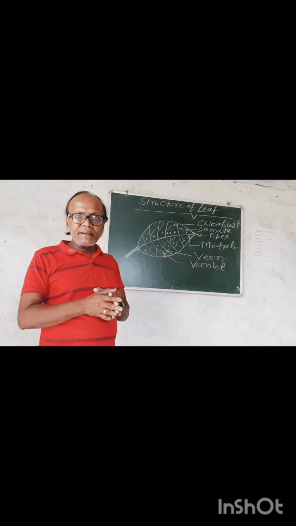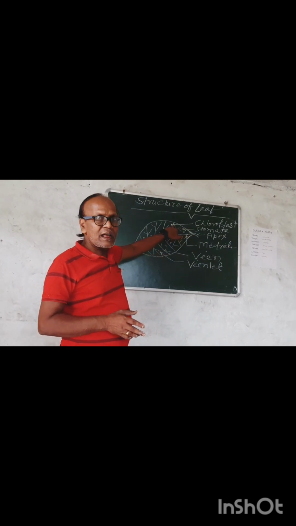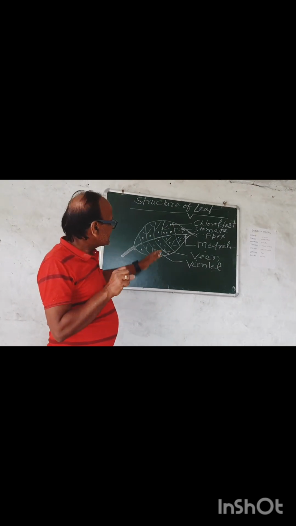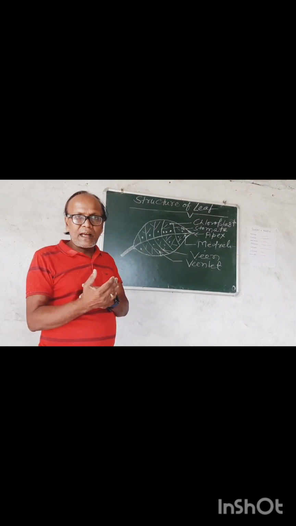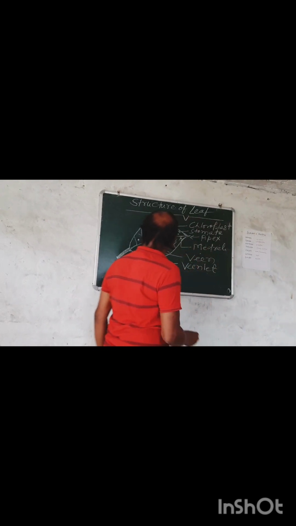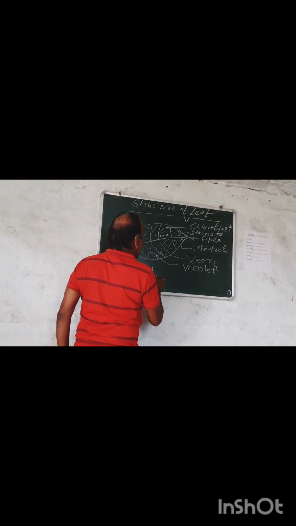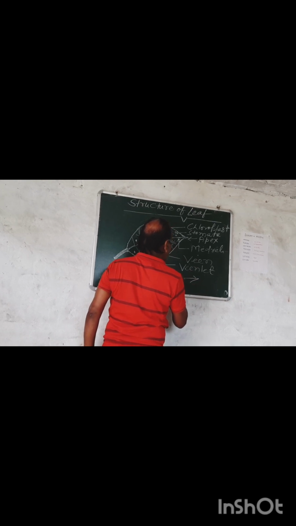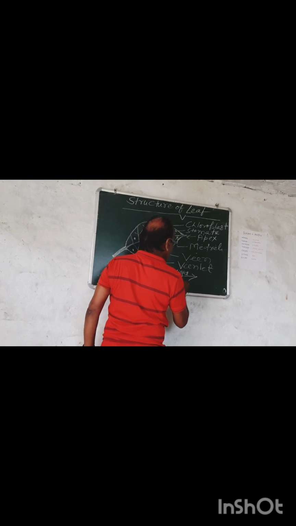Chlorophyll is present in the chloroplast, and it traps the energy particles. Then the reaction starts, and that reaction is known as photosynthesis. The reaction is like this: CO2, carbon dioxide, plus H2O, water, in the presence of sunlight and chlorophyll in the leaf.